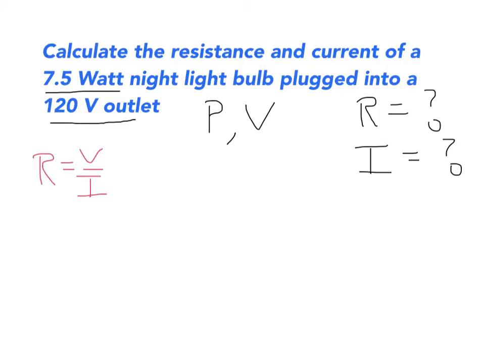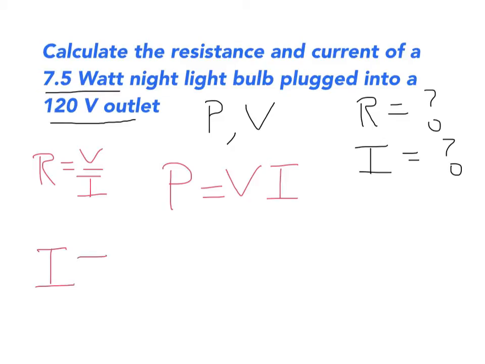So let's see if I can find the current. Well, I've been given the power and I've been given the voltage, so another relationship I have is power is voltage times current. So I see that I do have power, 7.5 watts, 120 volts, so I could solve this for current. So let's do that.